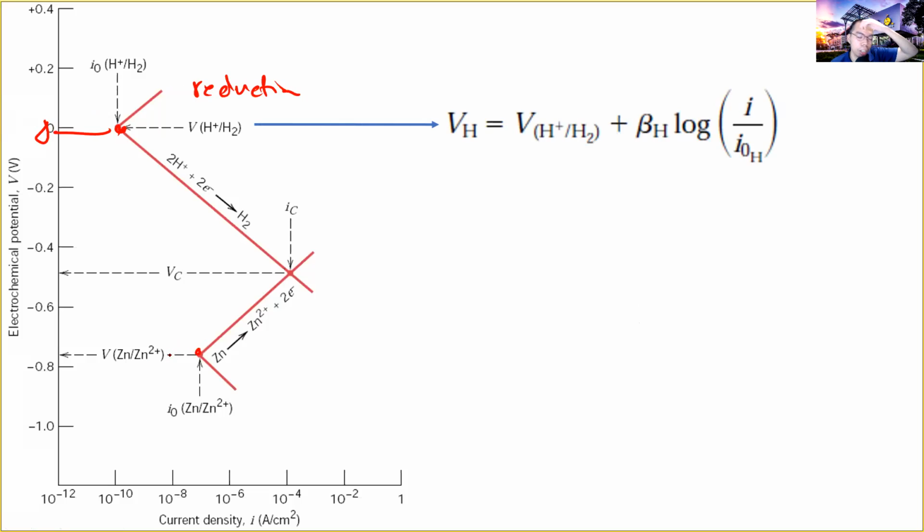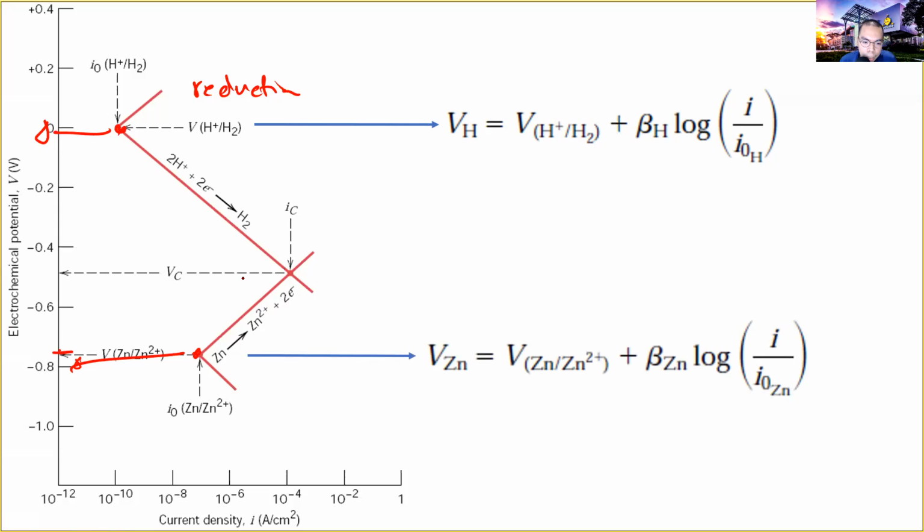Meanwhile, yung zinc natin, lower yung equilibrium potential natin. This is around negative 0.77. So pataas naman siya. This is your anodic reaction.